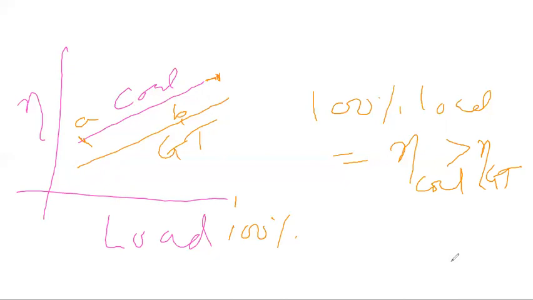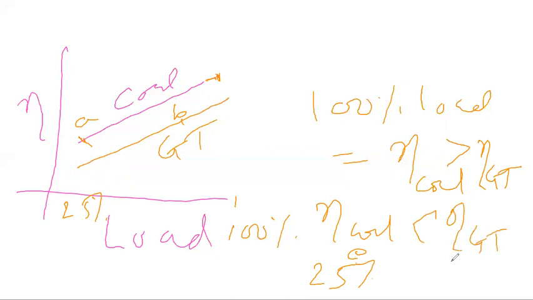The meaning is, you see here that the efficiency of the coal-based power plant, when it is operating at percentage load A, some 25%, is less than the efficiency of the gas turbine power plant, which is operating at a higher load. Let us say this is 75%. So this makes the difference.